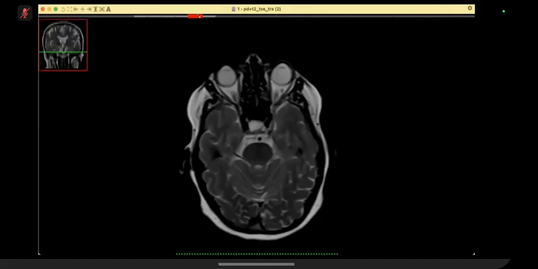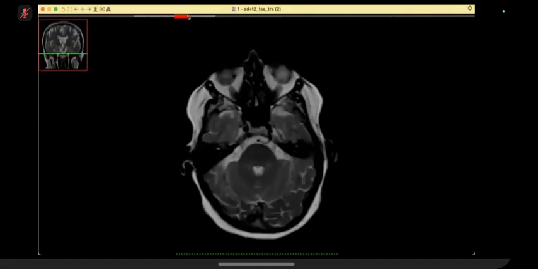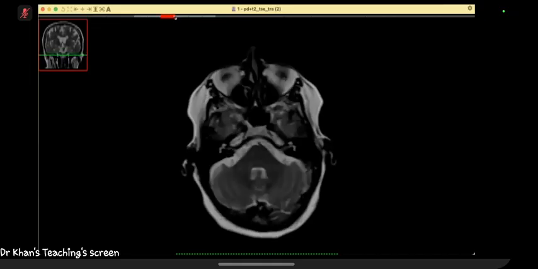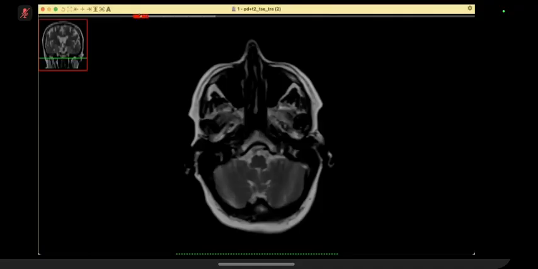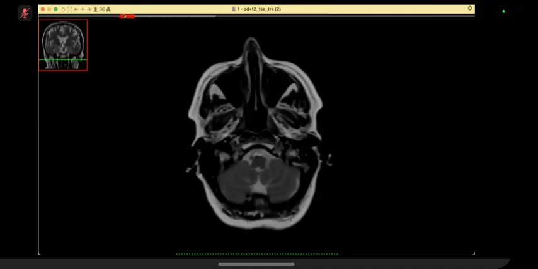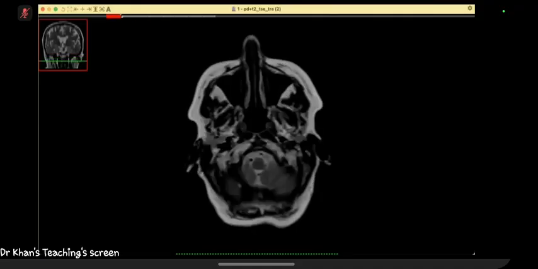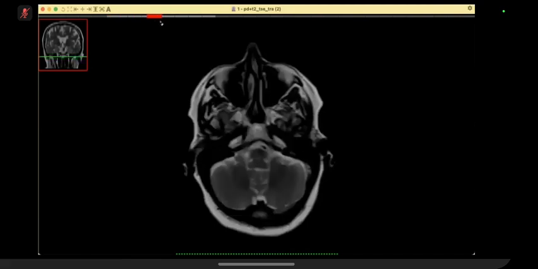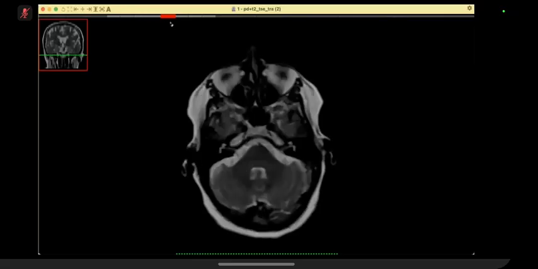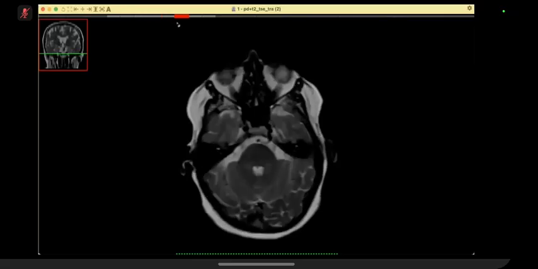Okay. This is the T2 weighted MR images for the same patient. I'll scroll from the bottom to up, then I'll start to comment on the images.